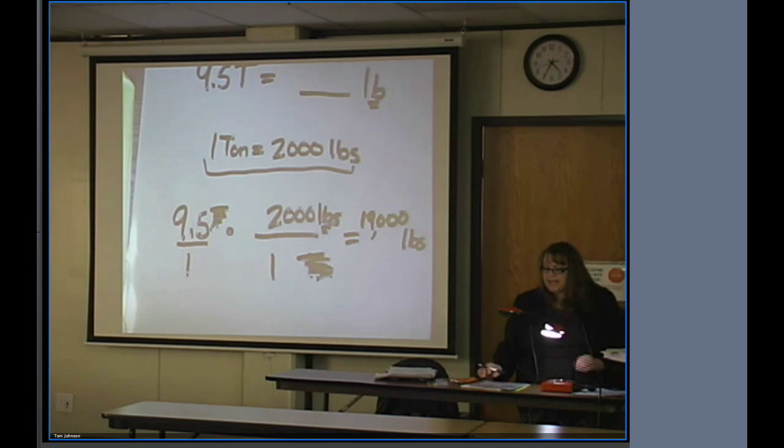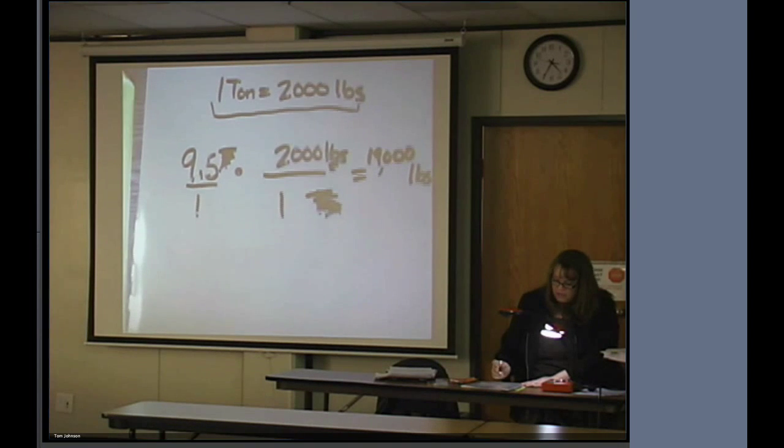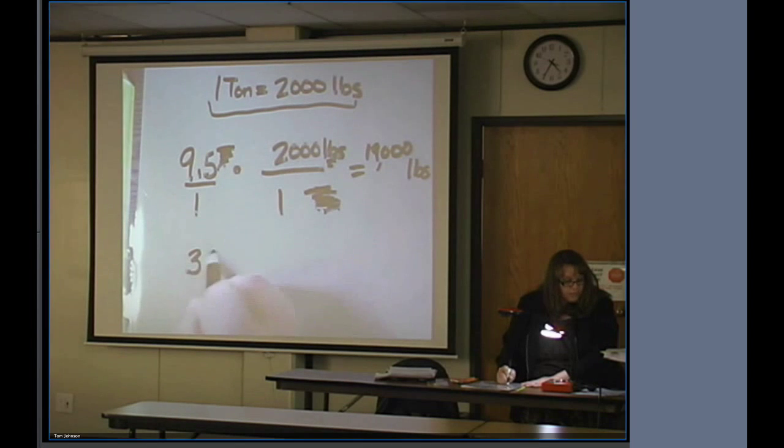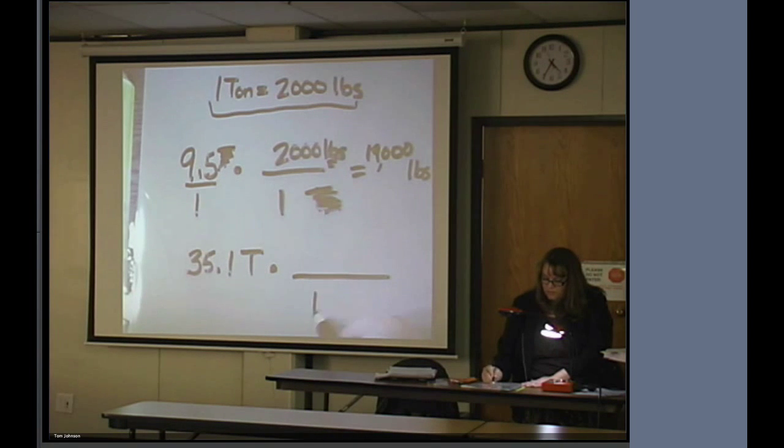So using that same technique for problem number 16, we have 35.1 tons. I would set it up the same way, so tons cancel. 1 ton is 2,000 pounds.